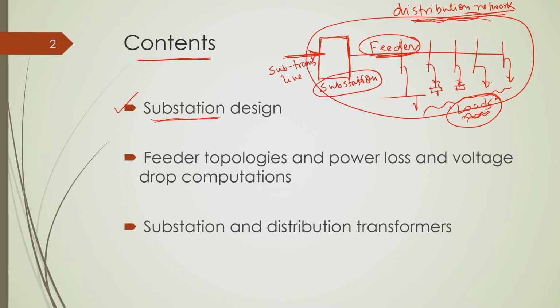Beyond every node there is a distribution transformer, which we can alternatively represent like this. So, these are basically distribution transformers.